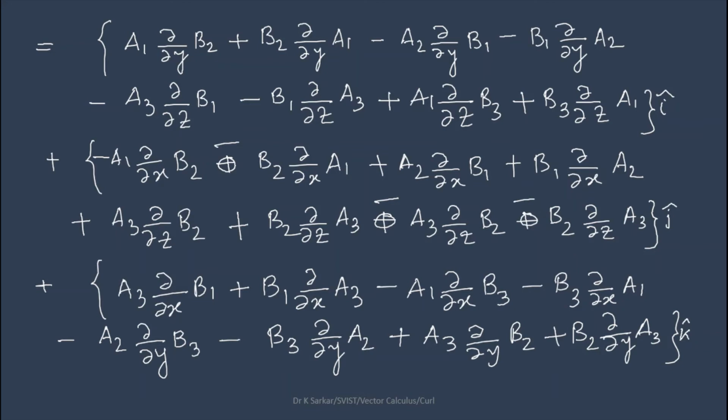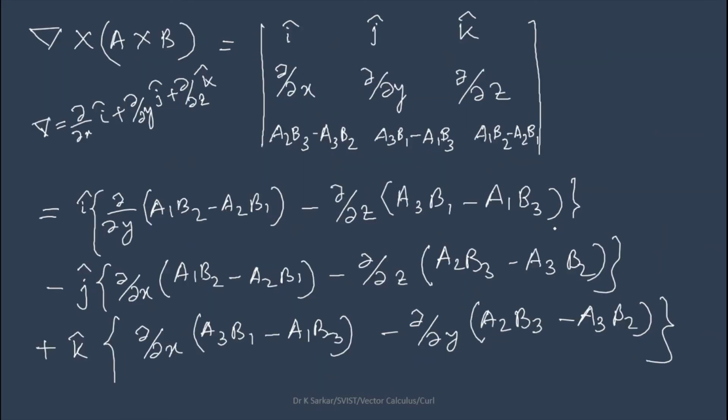Now let us take the common parts. There is no A2 term. There is some mistake. Let's find the mistake. Let's go to the previous slide.